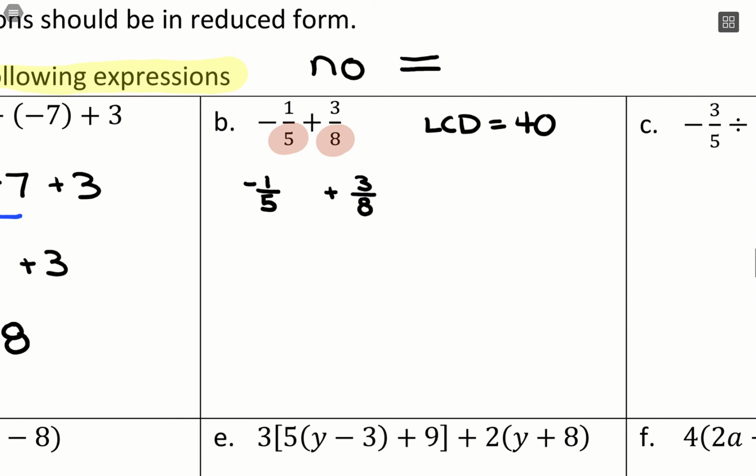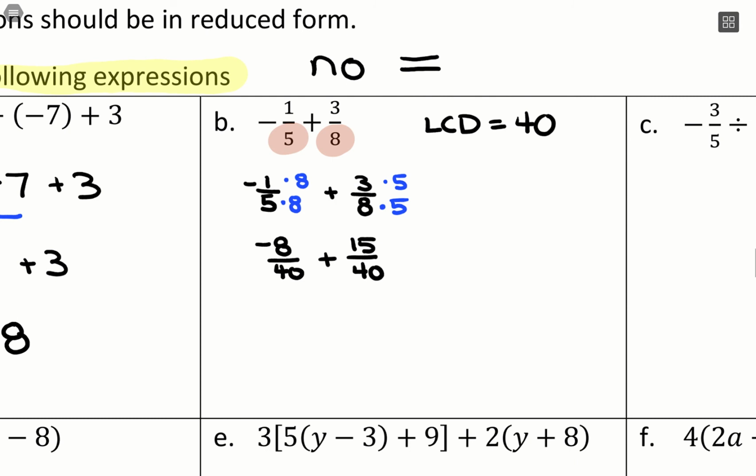With the 5, we need to multiply by 8 to get 40, and whatever we do to the denominator, we need to do to the numerator. And then the 3/8, we need to multiply that denominator by 5, which means we need to multiply that numerator by 5. So this ends up being -8 over 40 plus 3 times 5 is 15 over 40.